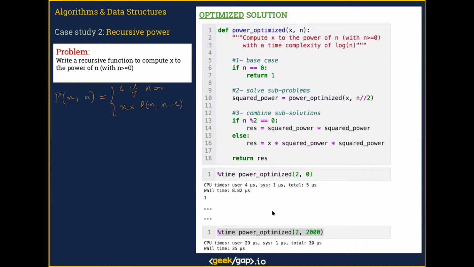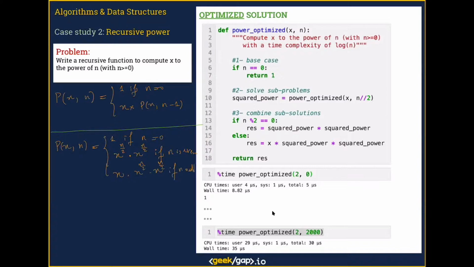If we defined it instead like this: p of x, n equals 1 if n equals 0, x to the power of n divided by 2 times x to the power of n divided by 2 if n is even, and x times x to the power of (n minus 1) divided by 2 if n is odd.